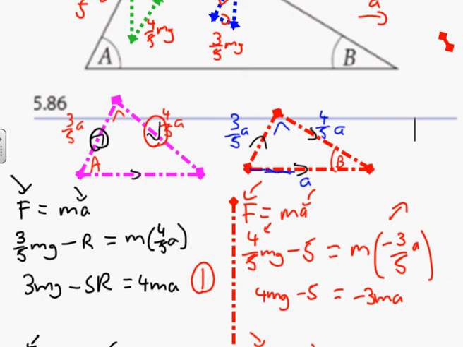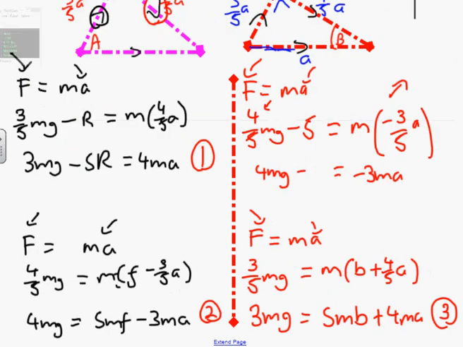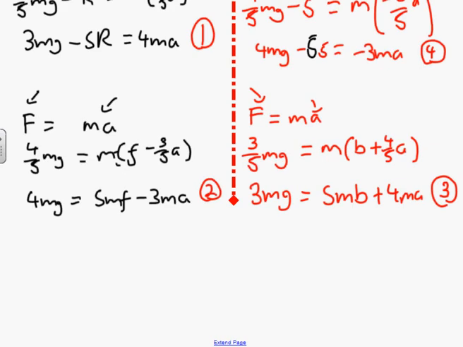The 5 and the S are looking very similar, so I'm instantly regretting using S. So this here is 5S, and I'm going to make the S quite small, 5S. Okay? So we have all 4 equations ready to go.